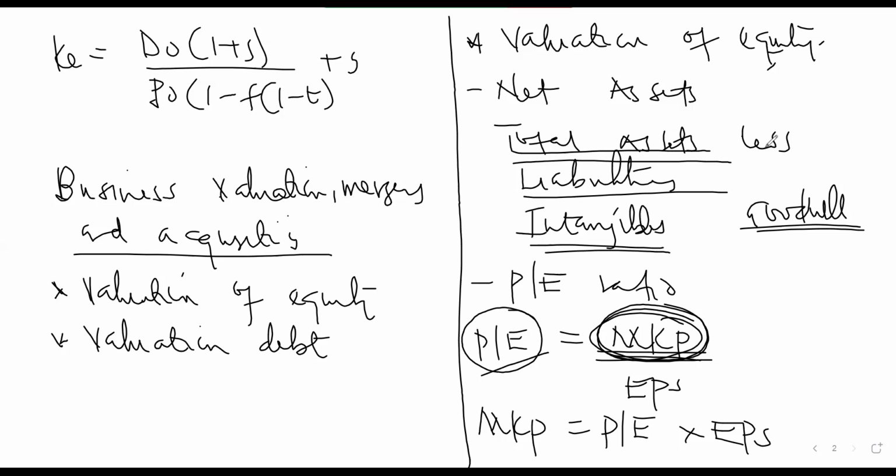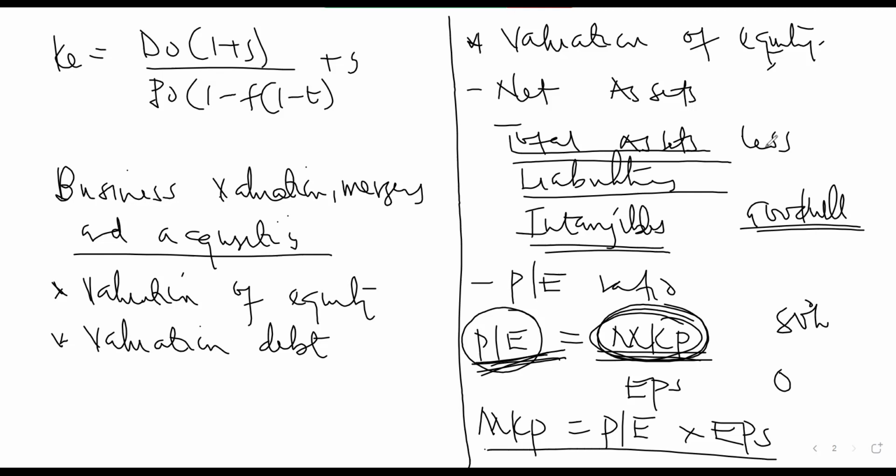The price earning ratio will be given to you, and that will be for a similar company in the industry. Mostly, if you calculate the market value using the price earning ratio, you always have to adjust it to 80%, because a company that is not listed cannot be assumed to have the same market value as a company that is listed.